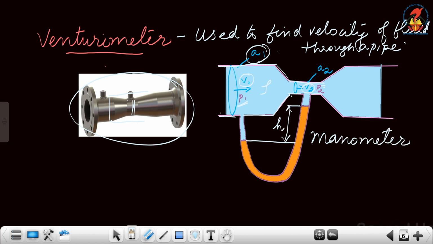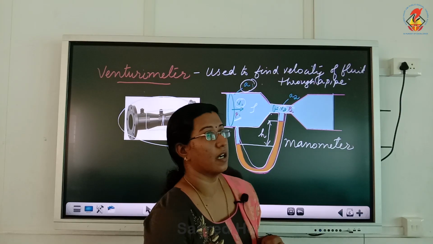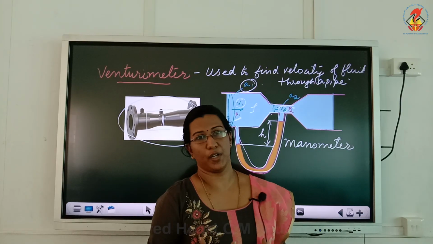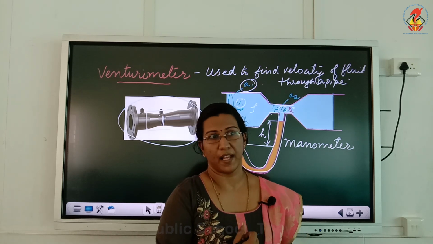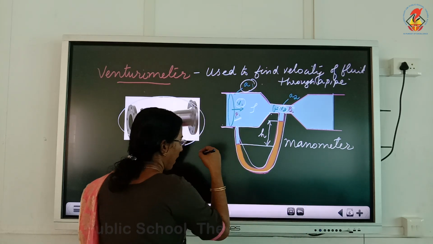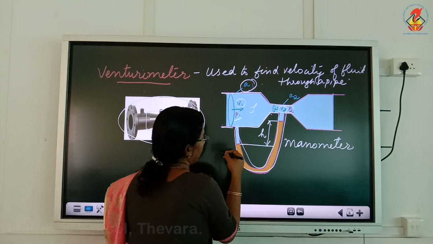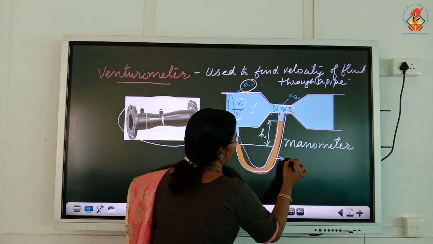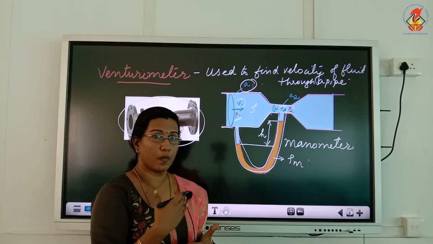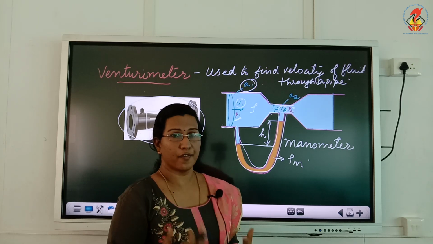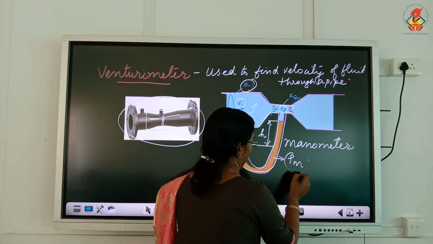A manometer is a U-shaped tube, the instrument used to measure the pressure of a fluid. In this manometer I have put a different fluid of density rho m. So in the Venturimeter the fluid flowing has density rho, whereas in the manometer there is a different fluid having density rho m.